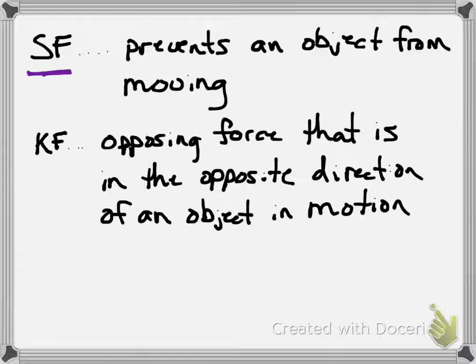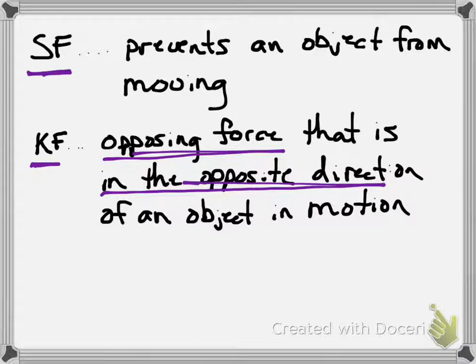When we talk about static friction, we're just talking about what prevents an object from moving. Kinetic friction is the opposing force that is in the opposite direction of an object in motion. So whatever direction that object's moving, we always put that frictional force in the opposite direction. And those are two key components for that question.